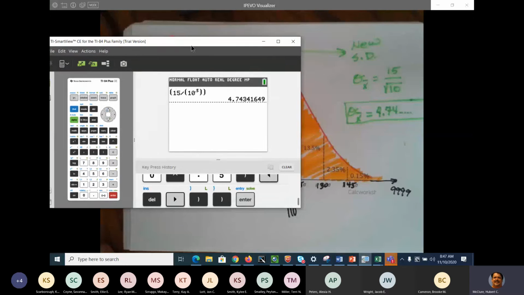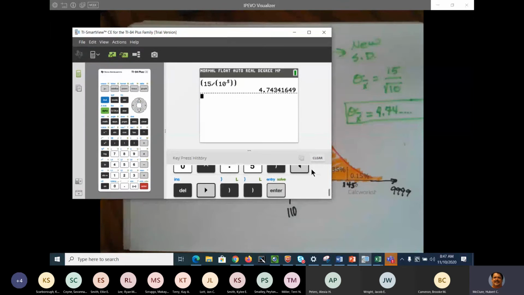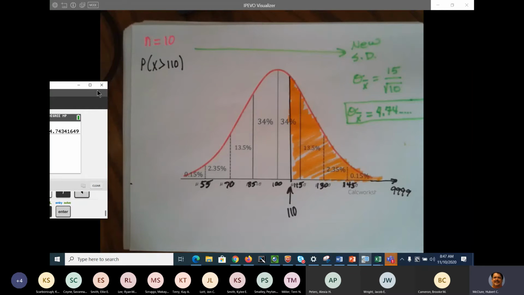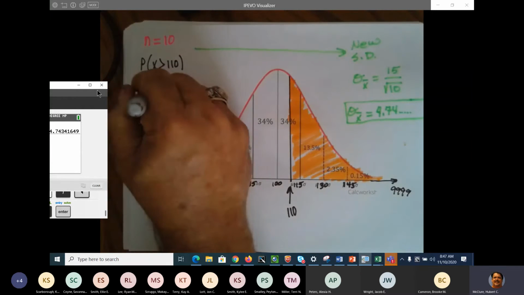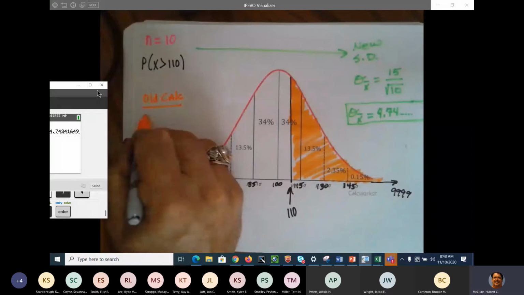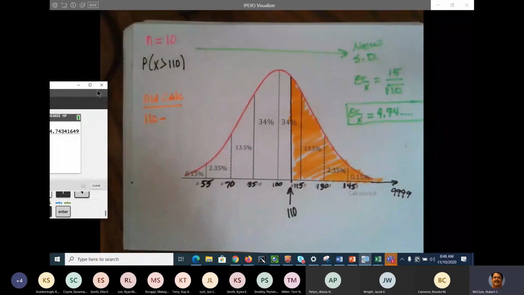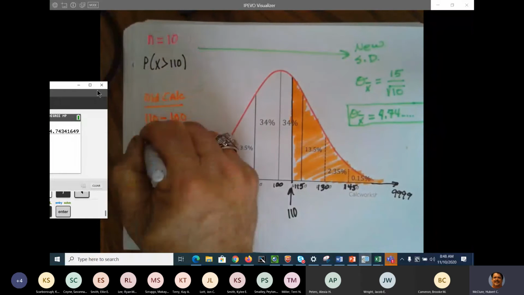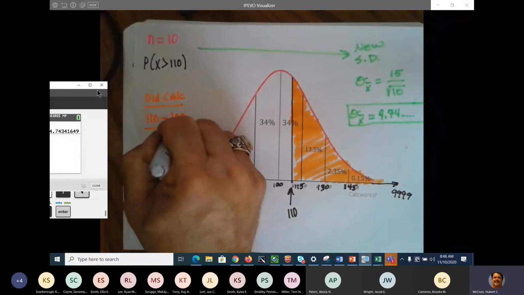Now, if you've got an old calculator, then you've got to change, and I'm going to put that in another color. Let's put it in orange. So old calculator: 110 minus 100, divided by 4.74 and so on.